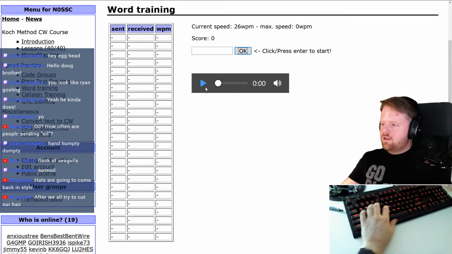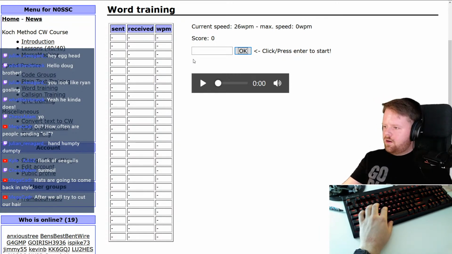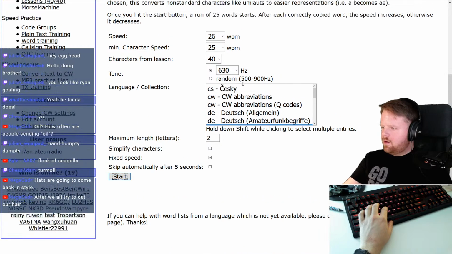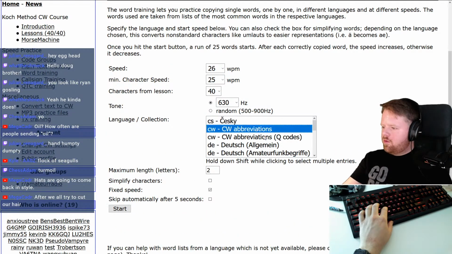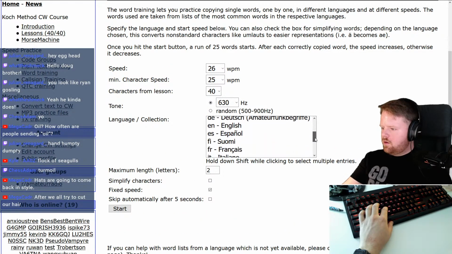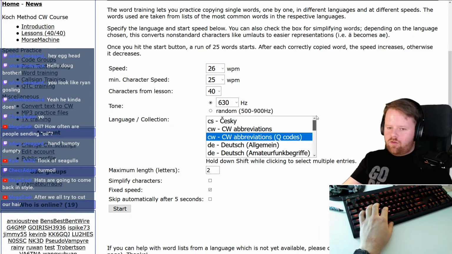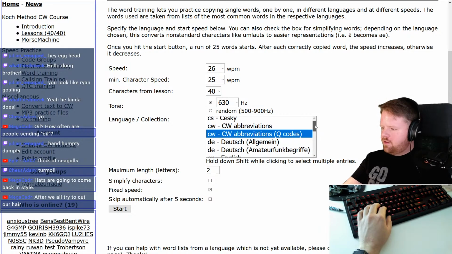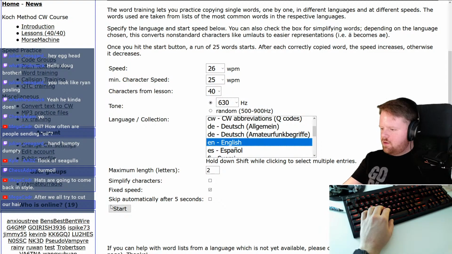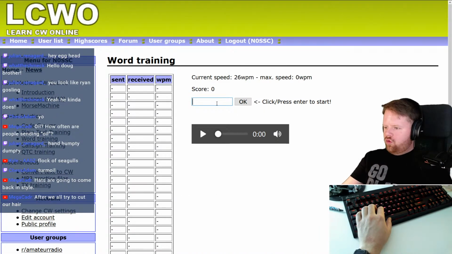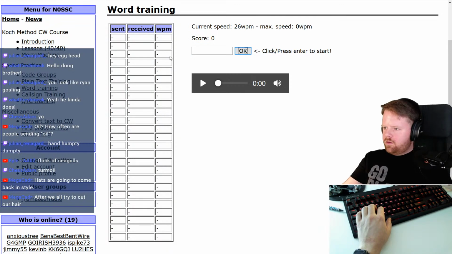And honestly, if I can get a list of words that are commonly used... So you have CW abbreviations, Q codes, English, and then all the language of words. But these aren't the 1,000 most common words, right? These are just random words, if you will. So I'm going to go back to English, to length, and see what damage we can do with that.